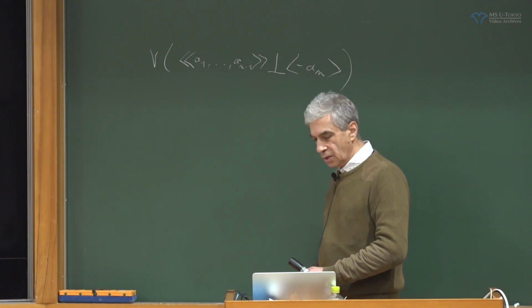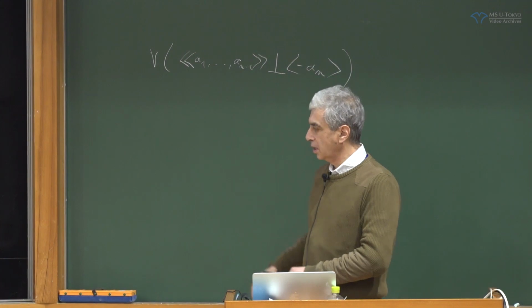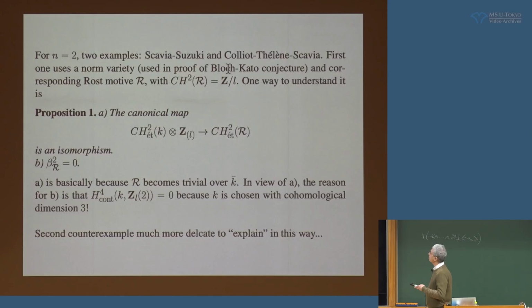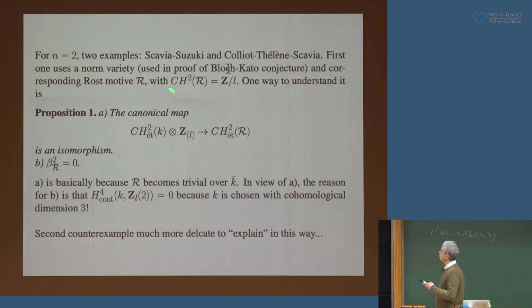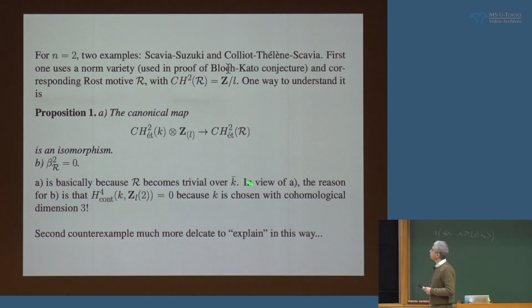And then for p odd, they are much more difficult to construct, and there is a so-called Rost motive, which is in the category of Chow motives, the direct summand of the motive of such a norm variety.